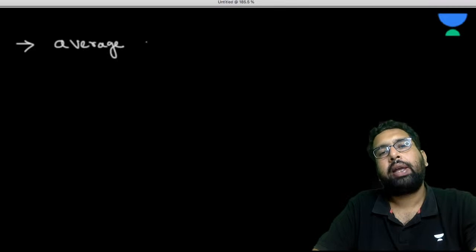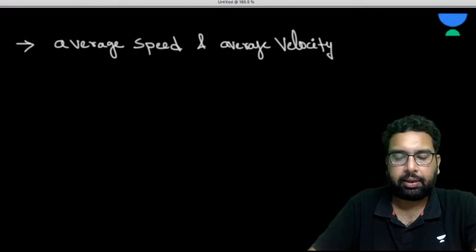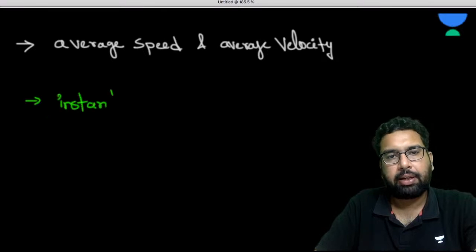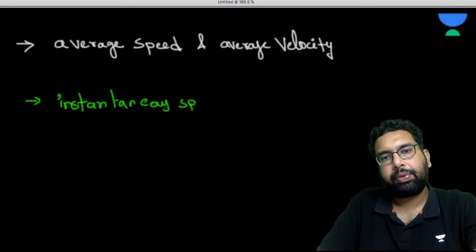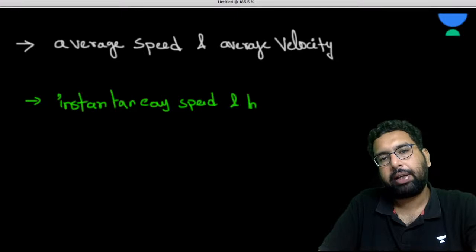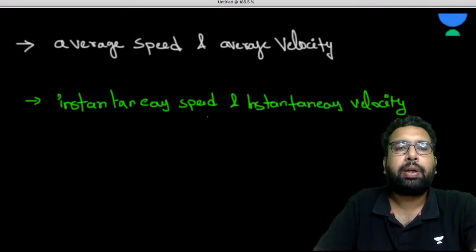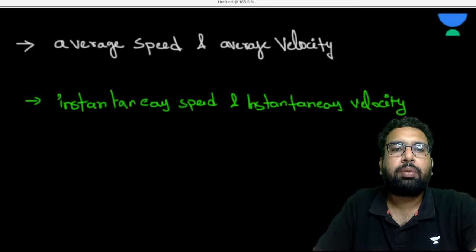One is average speed and average velocity.